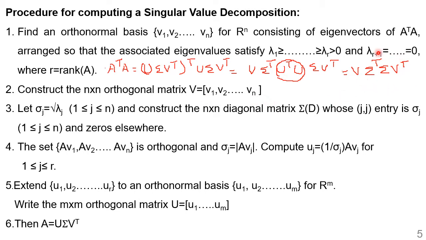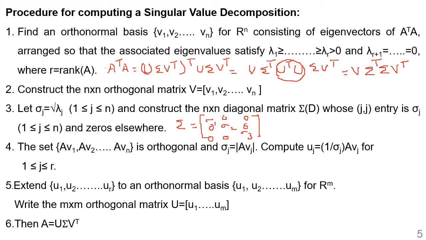We can find the eigenvalues of A transpose A, and those eigenvalues can be used to calculate the singular values, defined as sigma j equal to root of lambda j. So we can construct the matrix sigma with all singular values as the diagonal elements, and the remaining values will be 0.